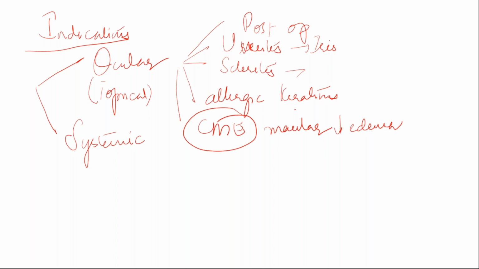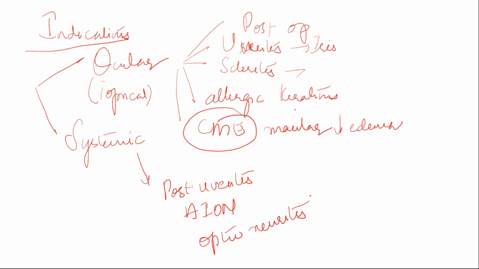Okay. Now coming to systemic, posterior uveitis, because posteriorly we can't always go and inject steroids. Posterior uveitis, I told you anterior ischemic optic neuropathy, optic neuritis. We can give either orally or IV. Okay.